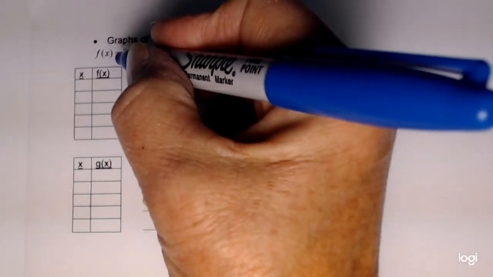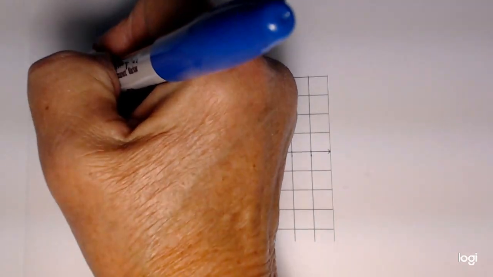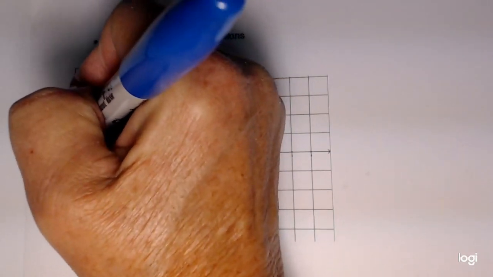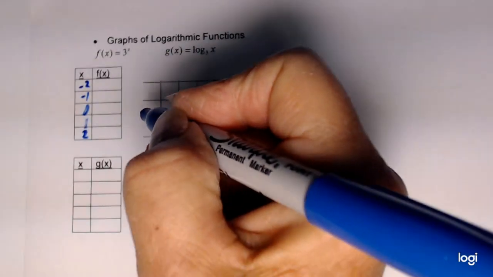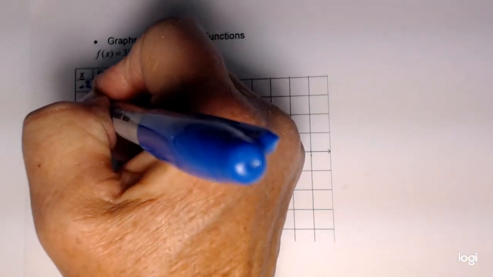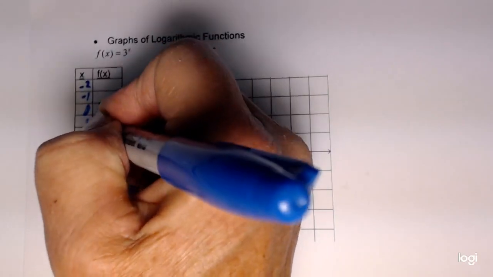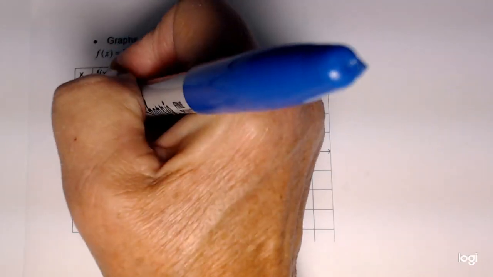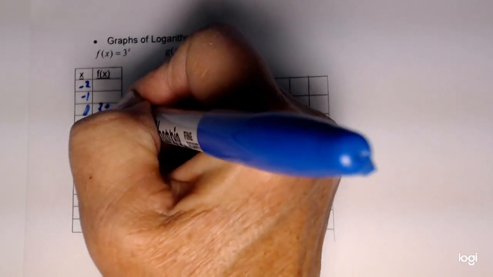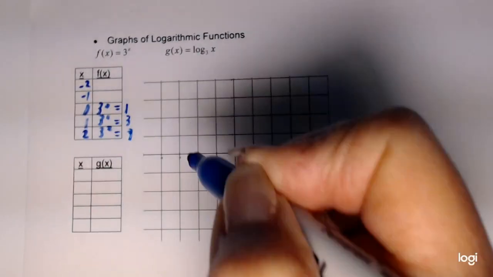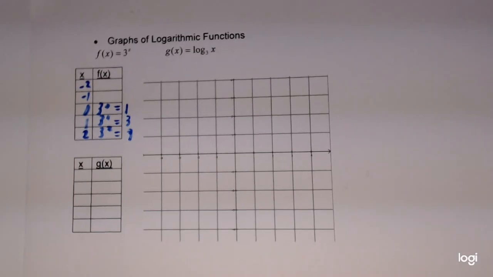So let's start with this, f of x. So -2, -1, 0, 1, 2. I'm just picking x values. And now, as you know, I like to start in the middle. So we have 3 to the 0, 3 to the 1, 3 squared. 3 to the 0, anything to the 0 power is 1. 3 to the first is 3. 3 squared is 9. So we have our positive exponents.